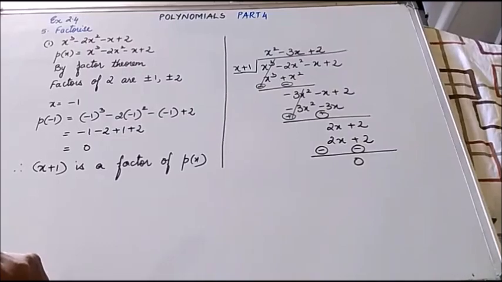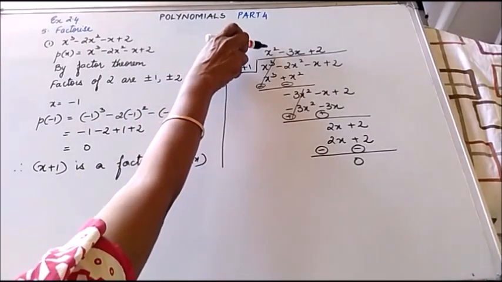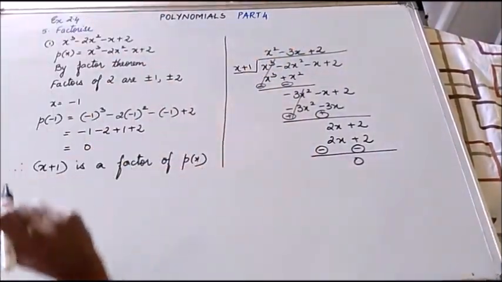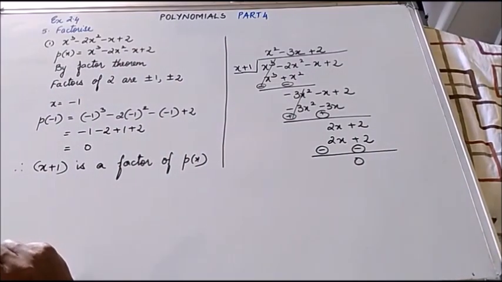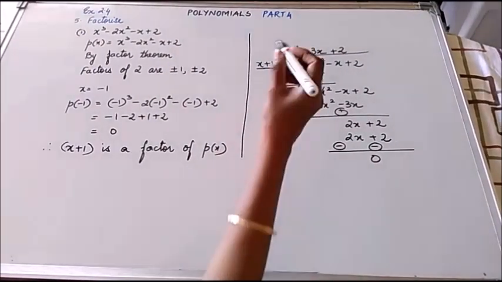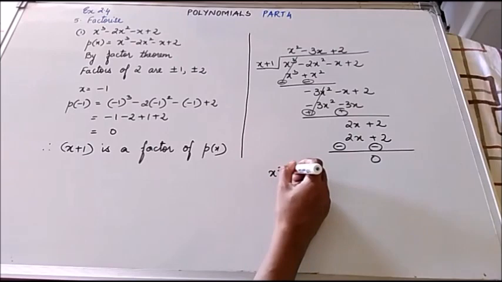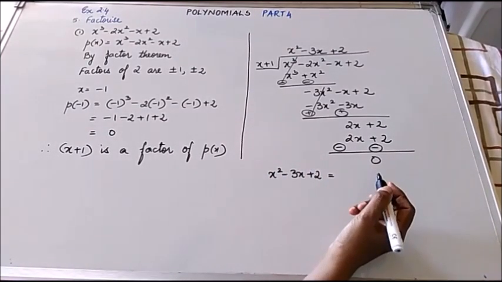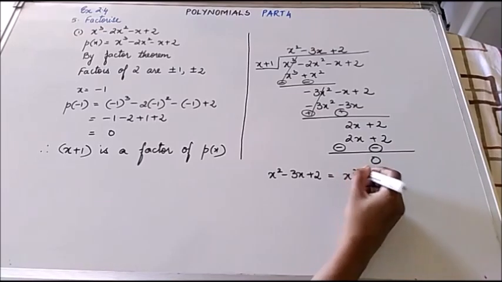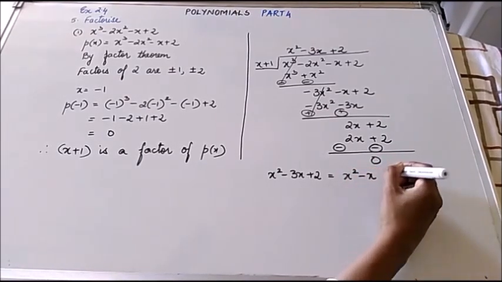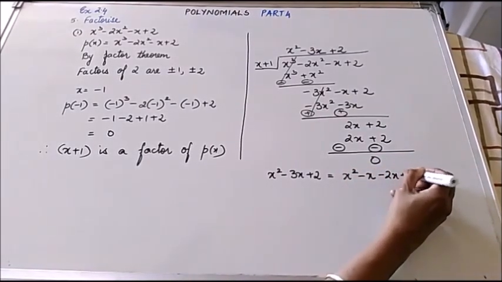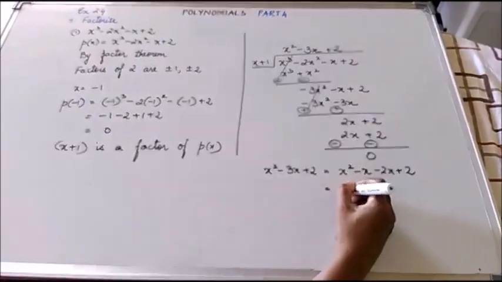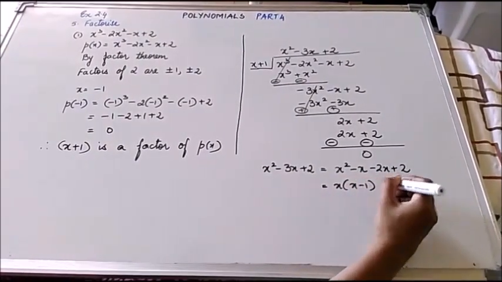Now what is the next step we have to do? We have to factorize x square minus 3x plus 2, which we will be doing by splitting the middle term. Okay, let us split x square minus 3x plus 2. What will be the split here? X square minus x minus 2x plus 2. X is common, we get here x minus 1.